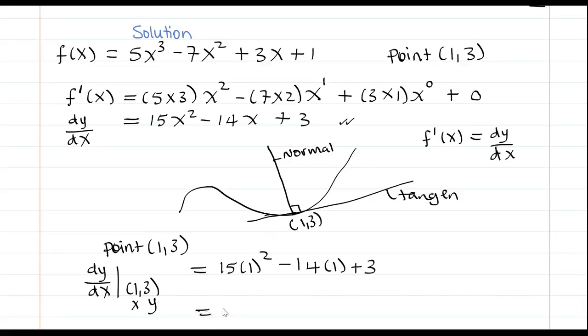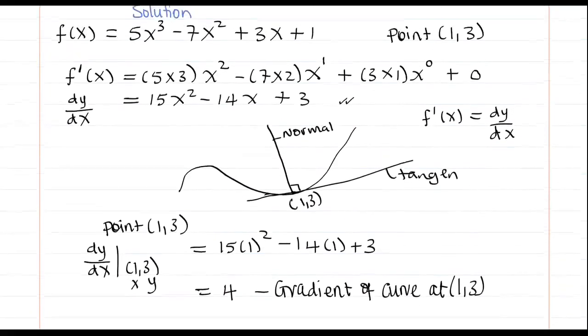So here we shall have 15 minus 14 plus 3. So here I'm getting 4. Okay, so this 4 is the gradient of the curve at the point (1, 3).